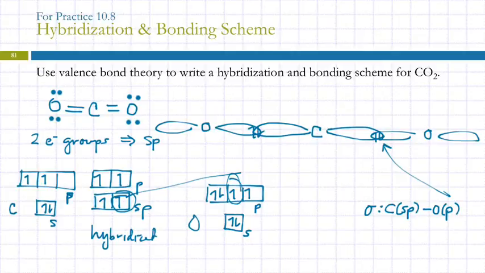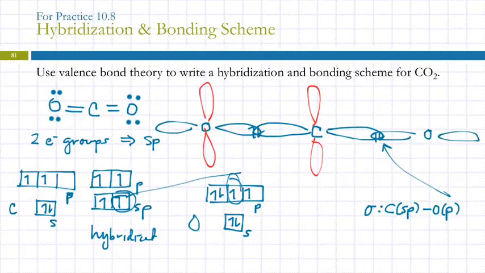And then we've got the p orbitals. Carbon has an up and down p orbital. Oxygen has an up and down p orbital. The other p orbital on this oxygen has a lone pair in it.